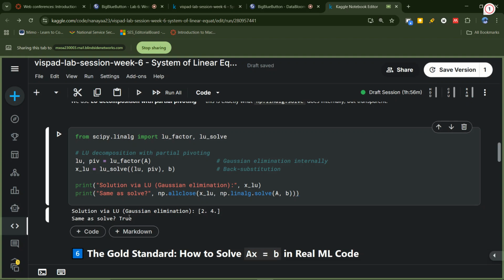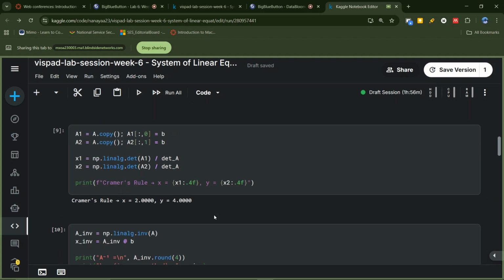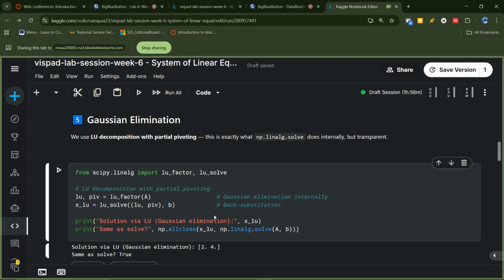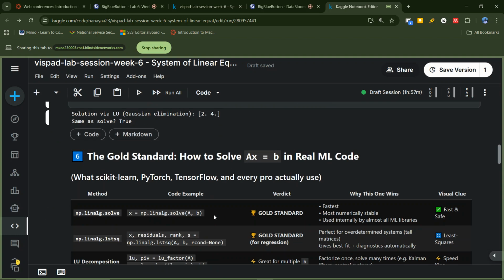Then it still gave us your answers as 2 and 4. All these: Cramer's rule, matrix inverse, Gaussian elimination. Gaussian elimination is a bit complex, especially if you don't really understand how it works. But there is also another way to solve for your unknowns.